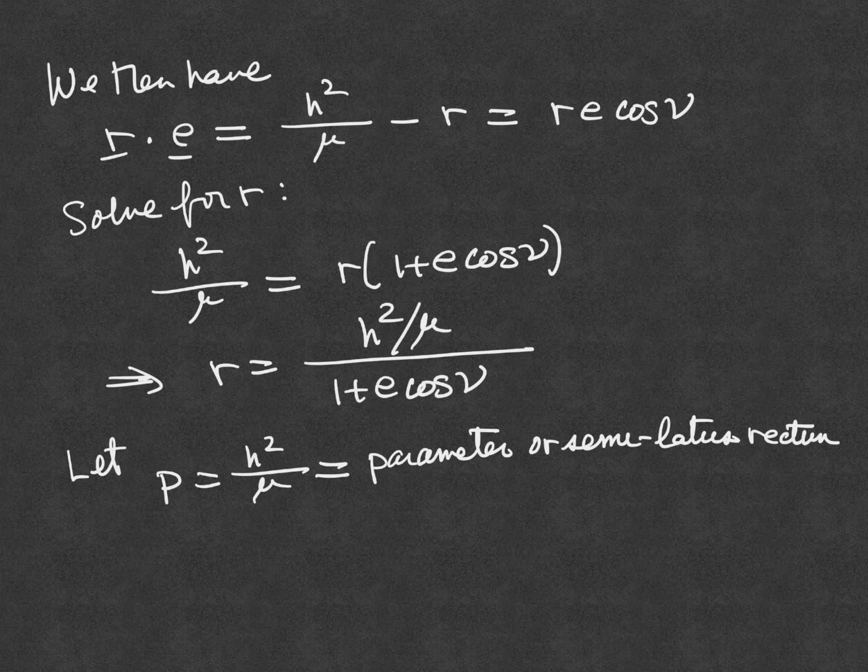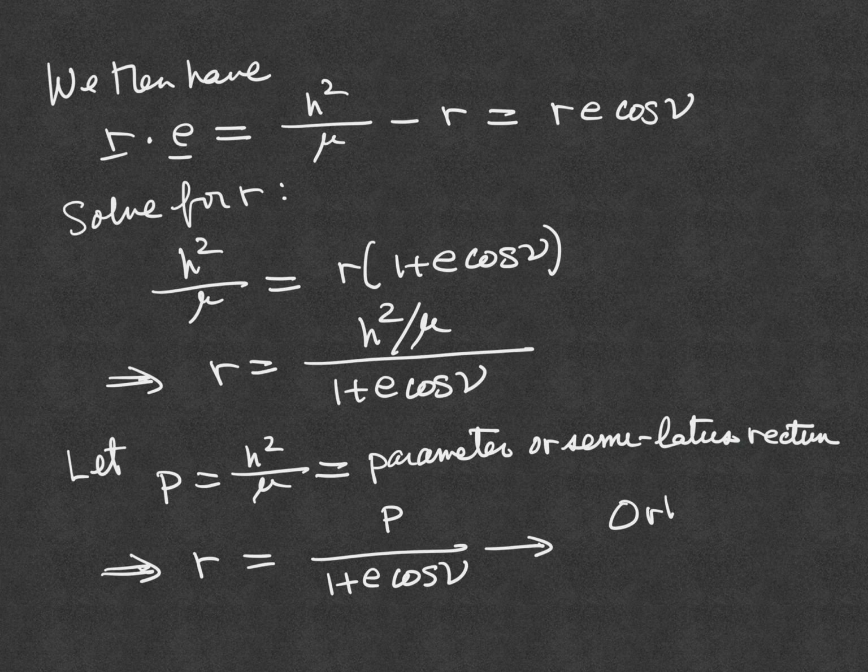So in terms of the parameter, or the semi-latus rectum, we get R is equal to P over 1 plus E cosine of nu. And this last result is what's called the orbit equation. And as I said at the beginning, notice that the solution here is the radius as a function of this angle nu. And the angle nu actually has a meaning, which I'll define on the next page.